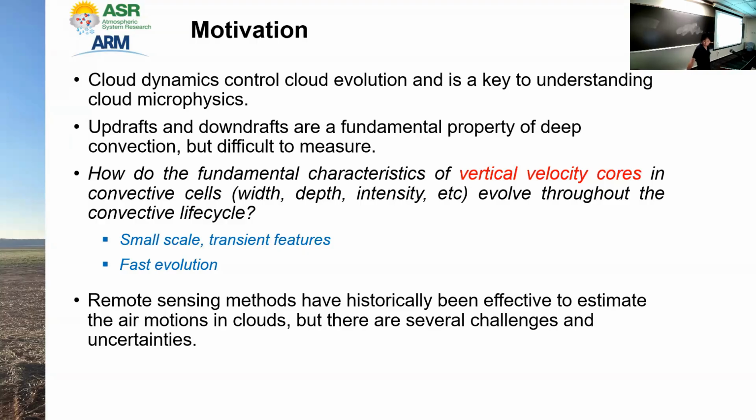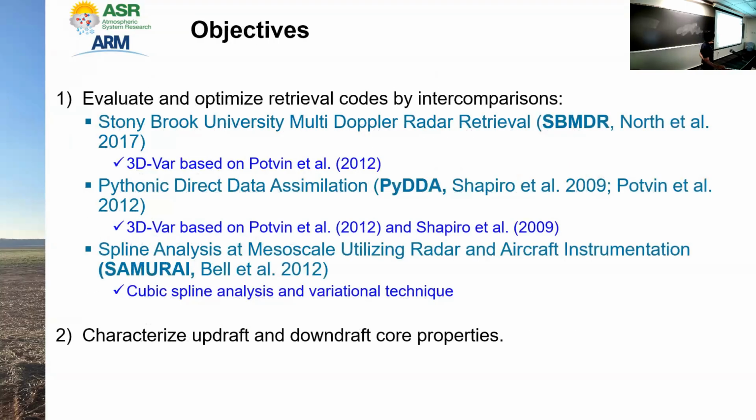Today I have two objectives. One is to evaluate and optimize the retrieval code. Here I am evaluating by intercomparison using different codes. One is the Doppler code developed here, which I'm organizing. And the second one is PyDDA, developed by Argonne National Lab.